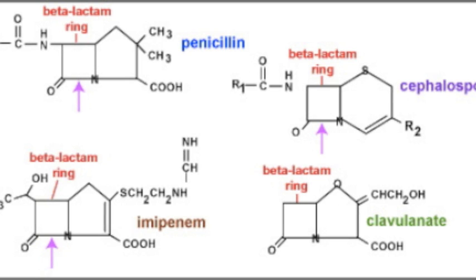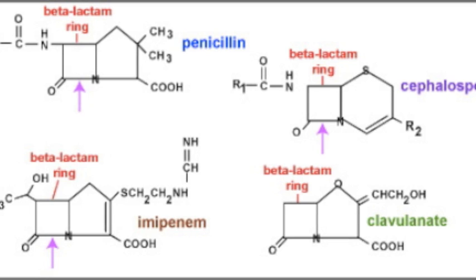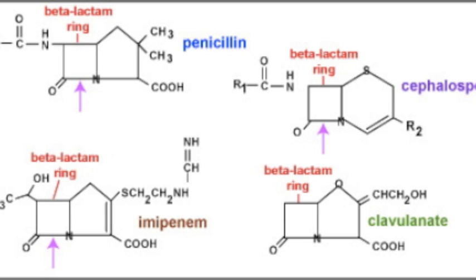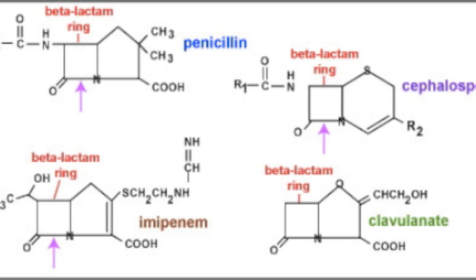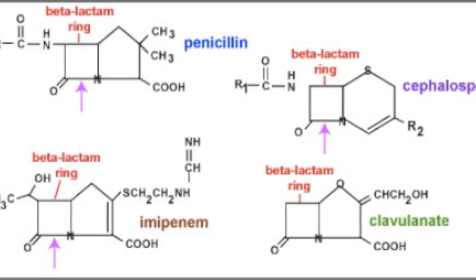The beta-lactam ring portion of this group of antibiotics binds to these penicillin-binding proteins, rendering them unable to perform their role in cell wall synthesis. This then leads to death of the bacterial cell due to osmotic instability or autolysis.